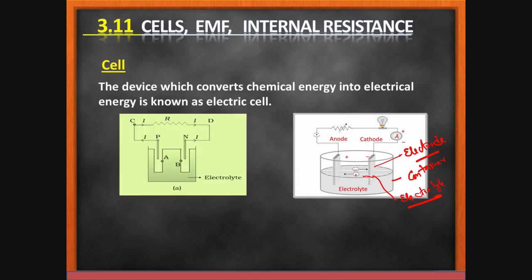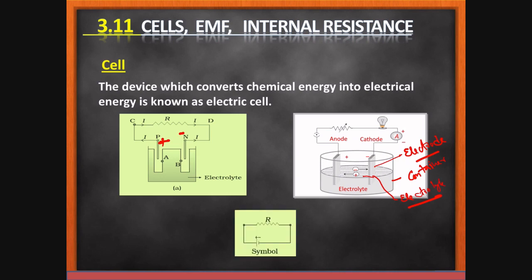This is the circuit diagram of a cell. Here R is the resistance, C and D are the two terminal points, P and N are the positive and negative electrodes, and A and B are the points inside the electrolyte.